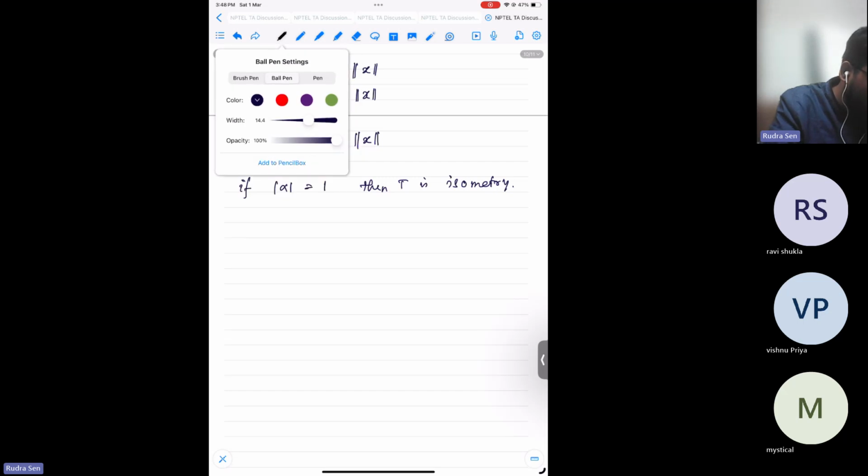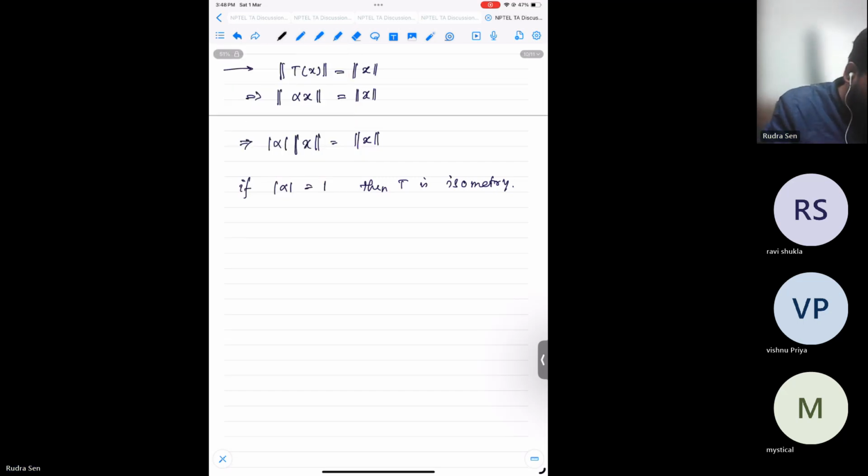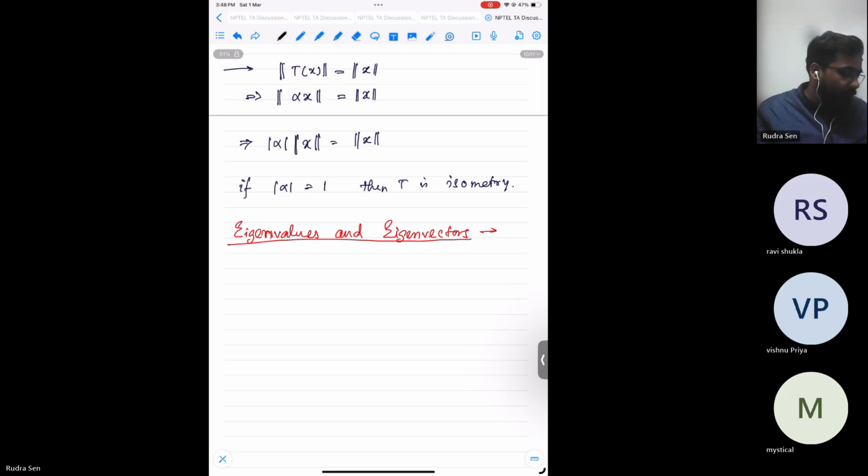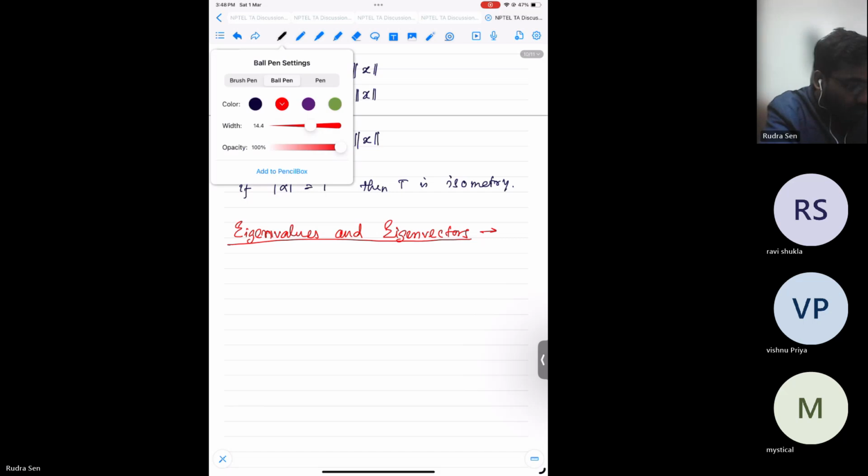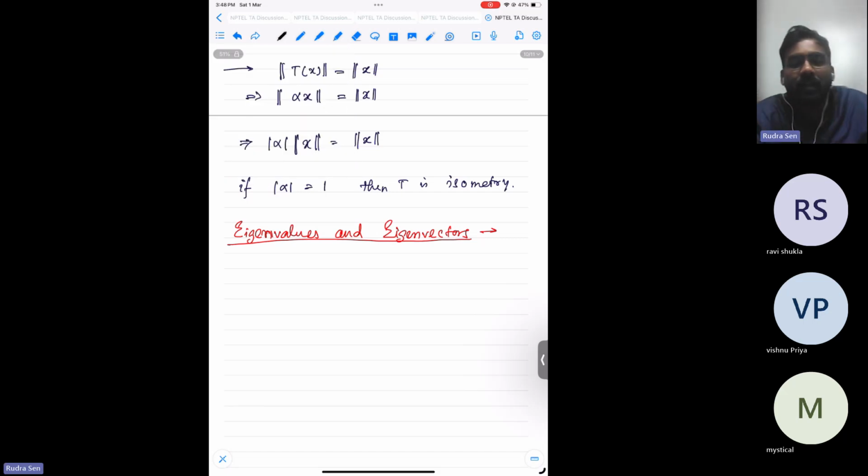Now let's move to a more interesting topic, that is eigenvalues and eigenvectors. From the first day we have seen that when we multiply a vector with a matrix, we get another, different vector.